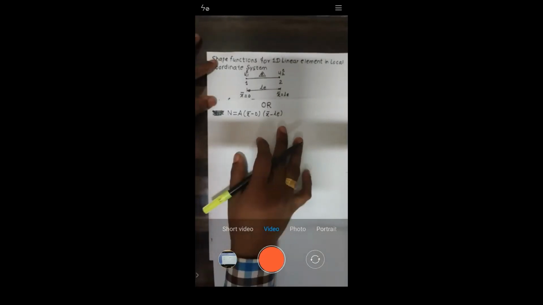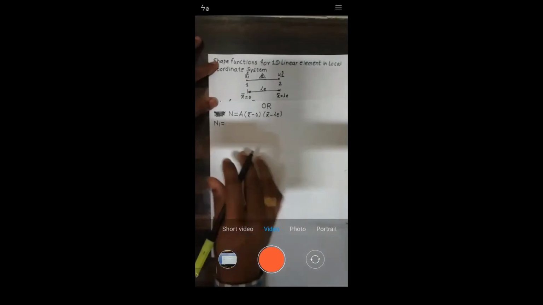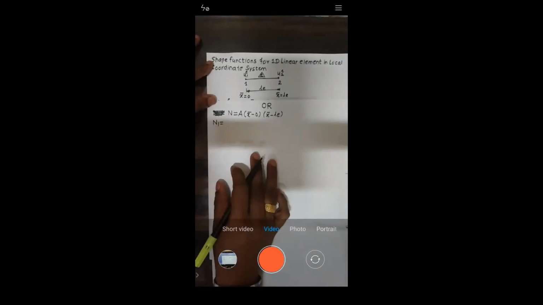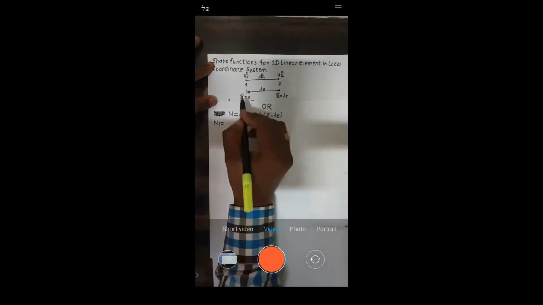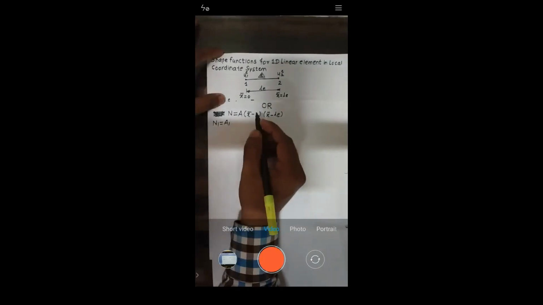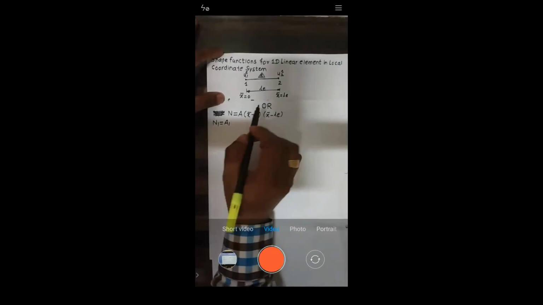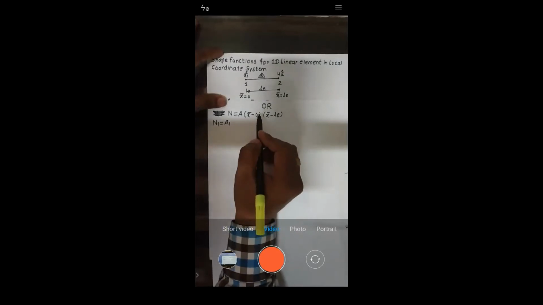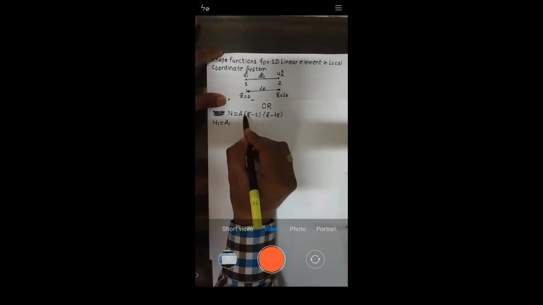Now see how to write n1. N1 is equal to some constant a1 into, we are not supposed to write the term which is for node 1. If you see this term, it is written for node 1, so we are not going to write it.